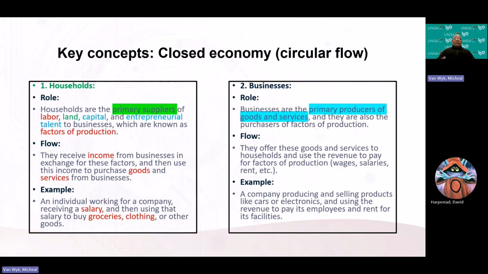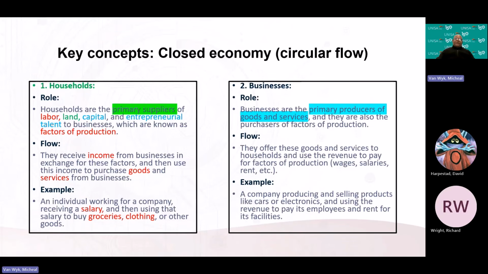Now, what is the role of your consumers or your households? They are the primary suppliers of labor, right? So when you teach one day, you become a teacher, so you're selling your labor. If you're a lawyer, you render a service to your client, so you're selling that, right? So you are a supplier of labor.